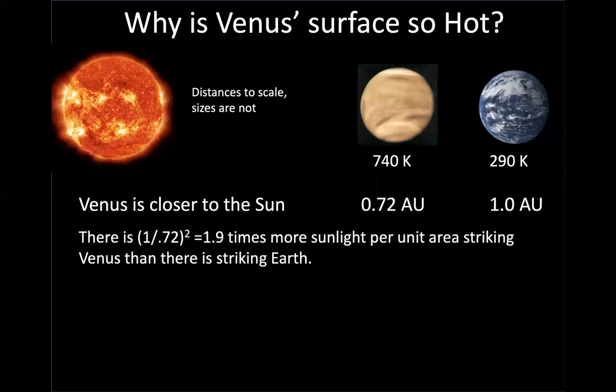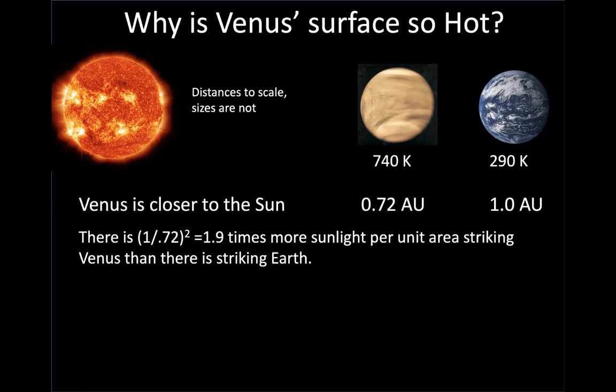Venus is hot because Venus is closer to the sun, which is true. Earth is at a distance of 1 astronomical unit from the sun. Venus is 0.72 astronomical units from the sun. So it's considerably closer. And that means the sun is much brighter to Venus than it is to Earth.